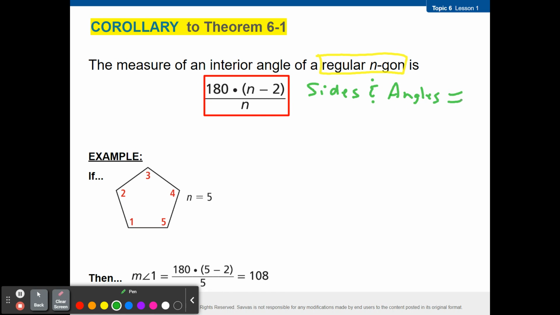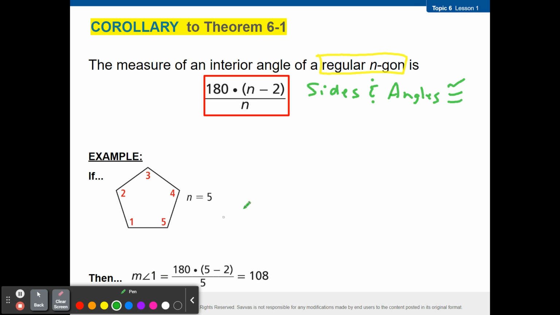They're congruent, okay? Which means all the angles are congruent, all the sides are congruent. But what we do is we still use the same formula to find the total interior angle measures. But then we would just divide it by the number of vertices that we have.